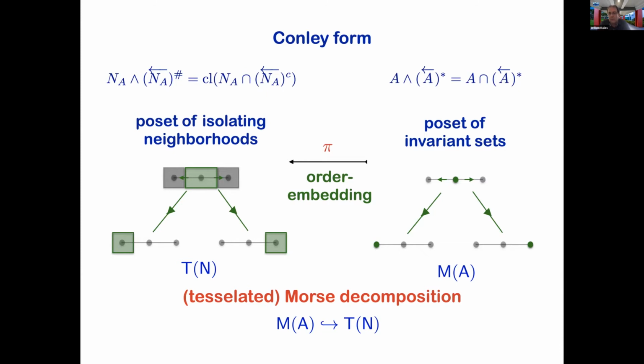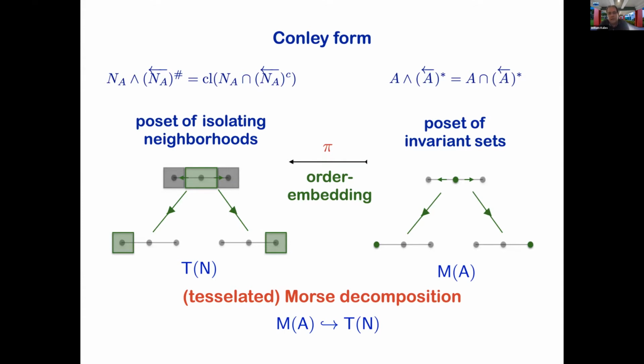And this is part of Conley's original definition of a Morse decomposition. And the way you resolve that in this order theory is that a Morse decomposition is an embedding of the non-empty invariant sets that you get from this construction into some poset that has a meaningful order.